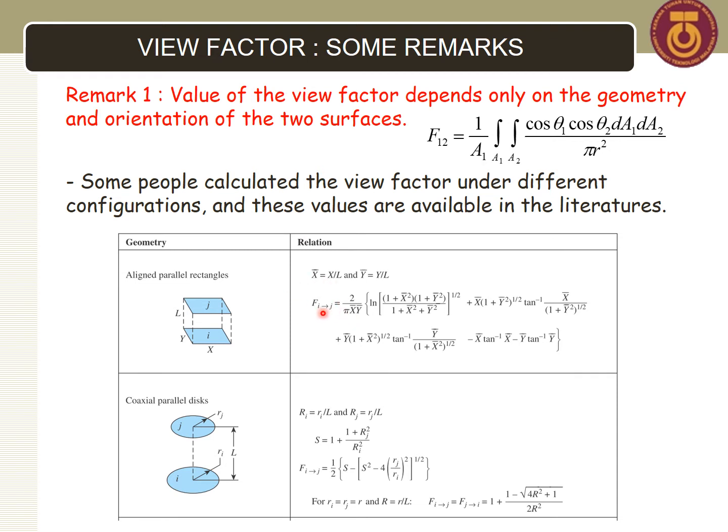or F12. The same goes for this coaxial parallel disc. If you solve this double integral equation, this is what you will get, Fij or F12.